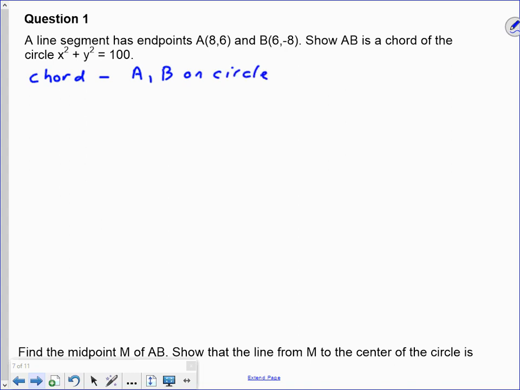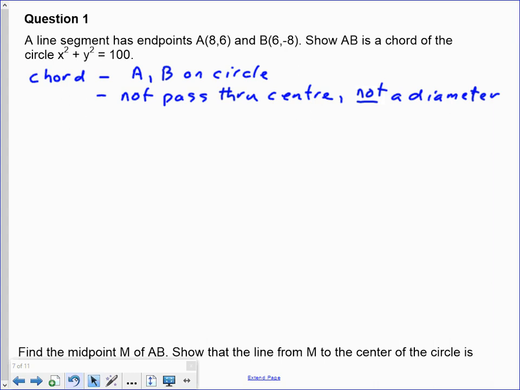And for it to be a chord and not a diameter, it has to not pass through the center, i.e. it is not a diameter. So when they ask us to show that this is a chord, they're asking us to show these two things. We have to show that A and B are on the circle, and then we have to show that this line AB is not a diameter.